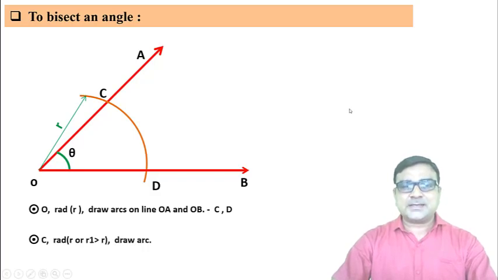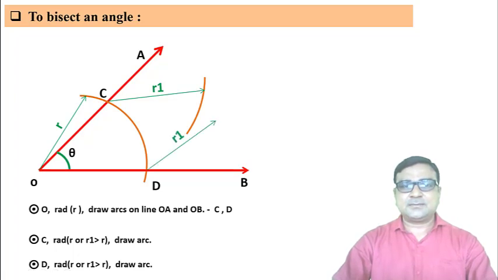Now in the next step, take C as center, with any radius R1 which must be greater than R, and draw an arc. Then with D as center and the same radius R1, draw an arc intersecting the previous arc.